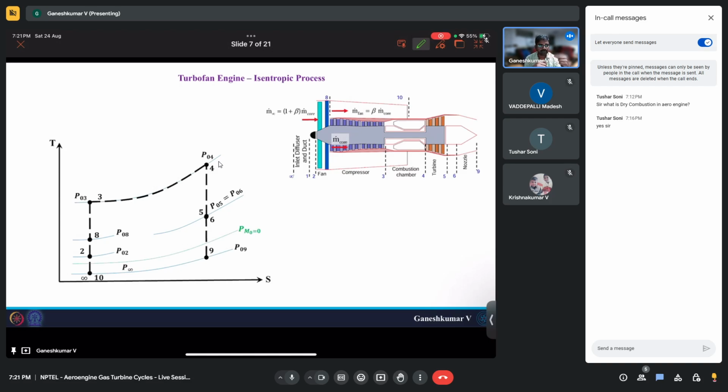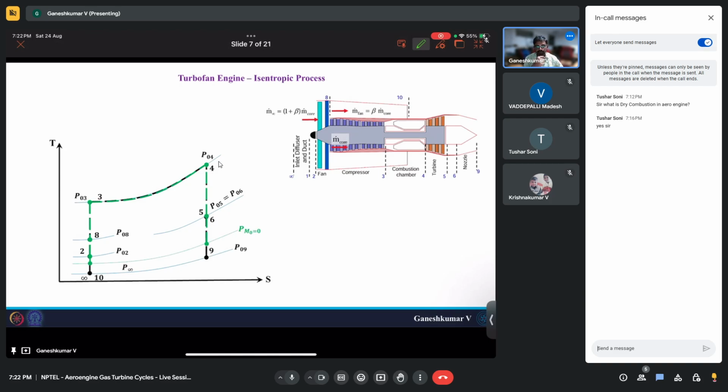So all your processes start from this green line. From 0 to 2 you will have some pressure rise, then 2 to 8 you have the fan, and then 8 to 3 you have the compressor. This is the core flow, and then you have a combustor, and then the turbine and nozzle. So this is the only change.